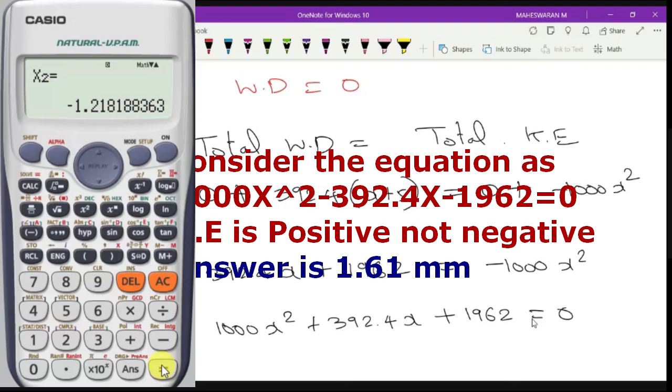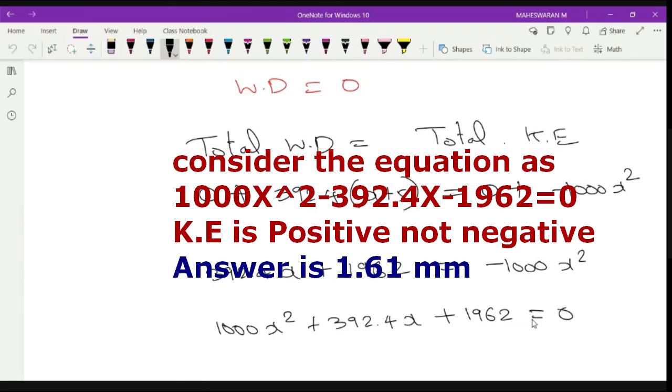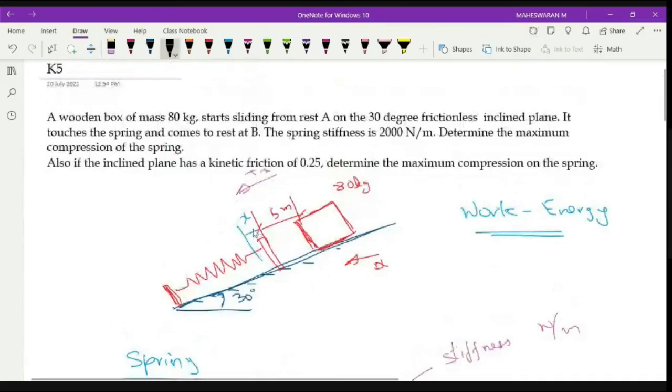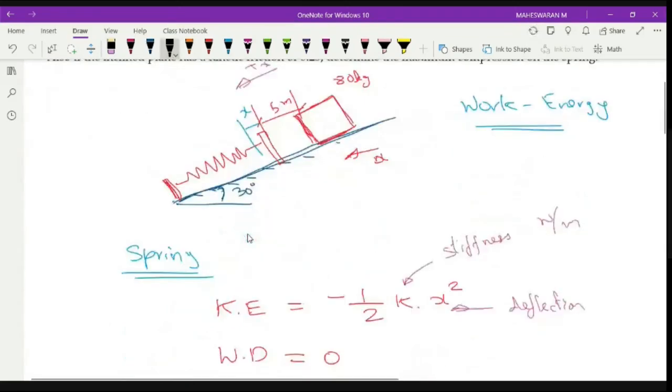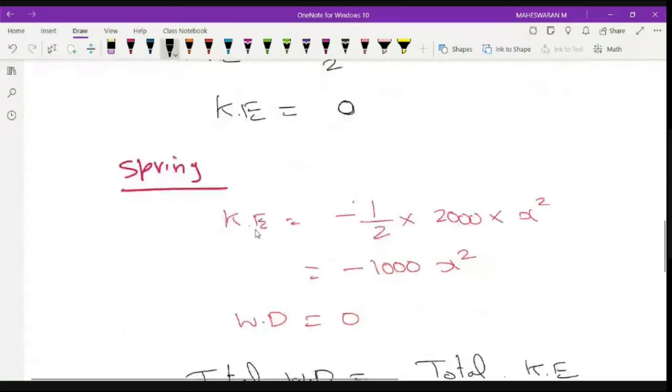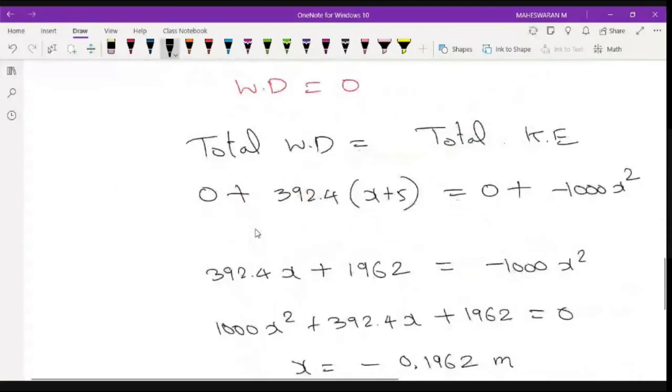Sir, minus 0.1962. What is the maximum compression on the spring? Okay, any doubt in this? Any doubt in this?